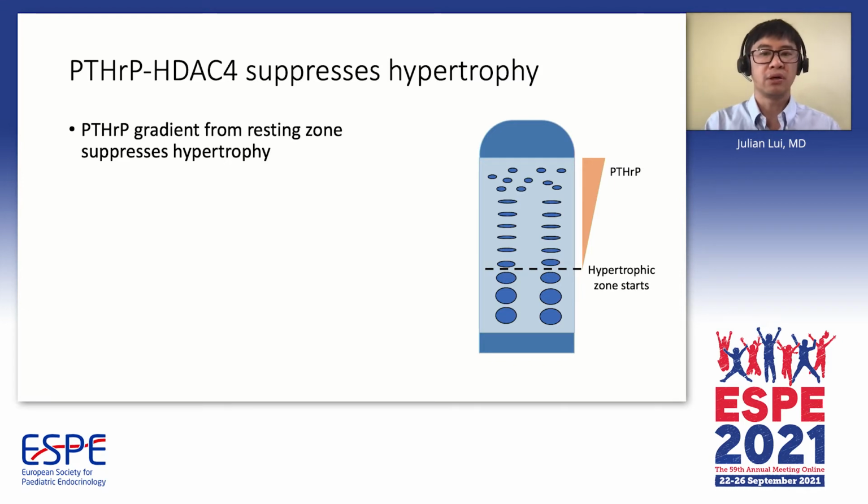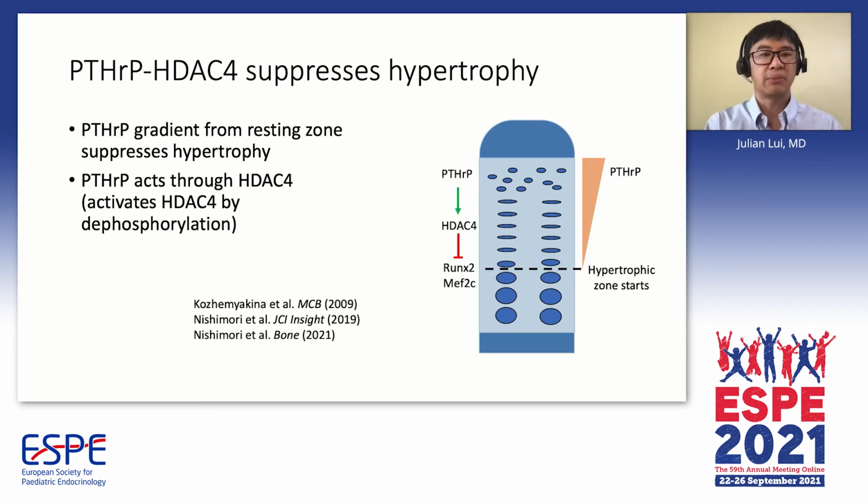So, as you may know, PTHrP is produced primarily in the resting zone of the growth plate, and it diffuses across the growth plate, forming a gradient. This gradient, because it suppresses hypertrophy, also determines where the hypertrophic zone starts at the growth plate.